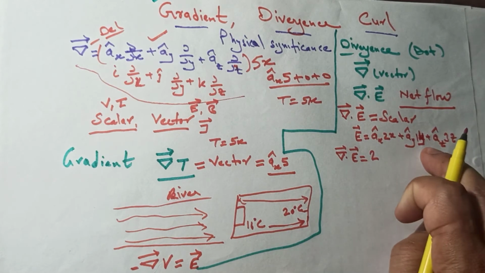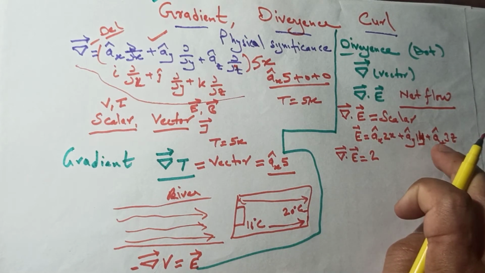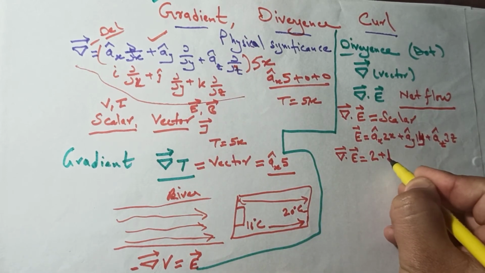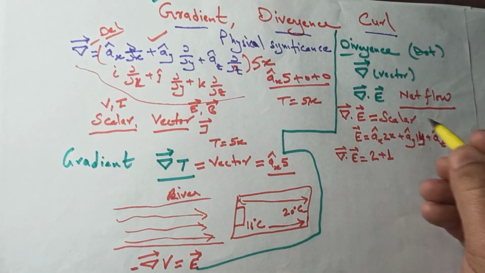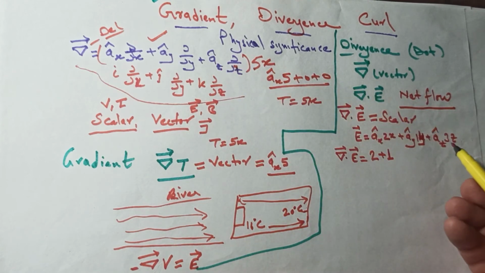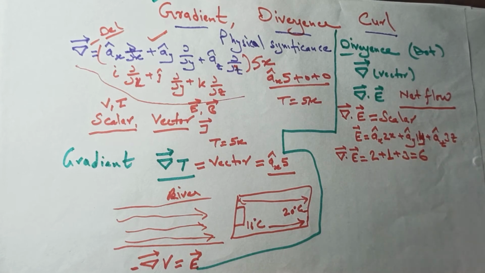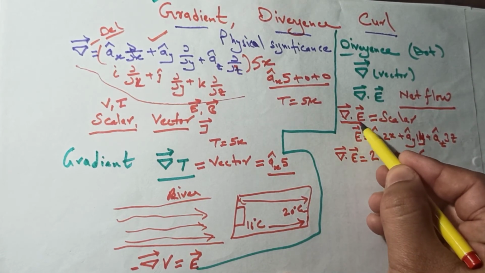Otherwise, if x is there in the ay term, the output will be 0 here. If y is here, then del by del y of y is plus 1. Then again az multiplied by az will give you 1, del by del z of 3z will give you 3, and that will be equal to 6, a scalar quantity. So the output of this will be a scalar quantity.